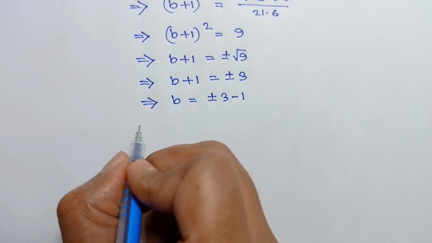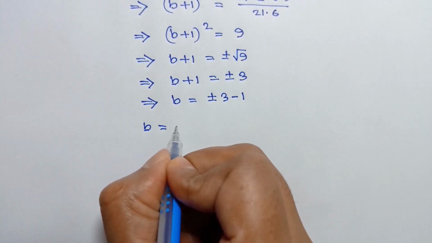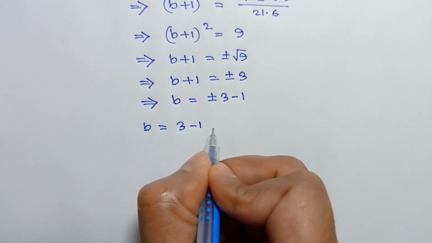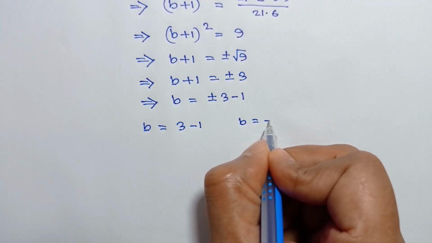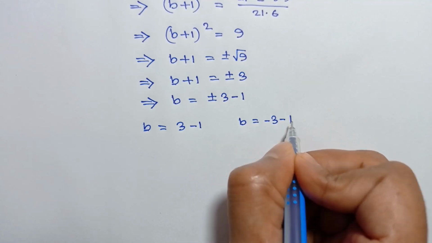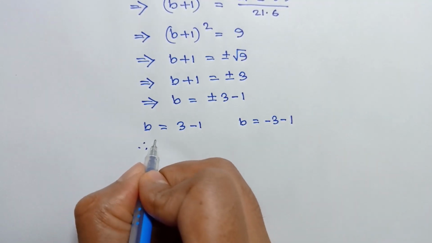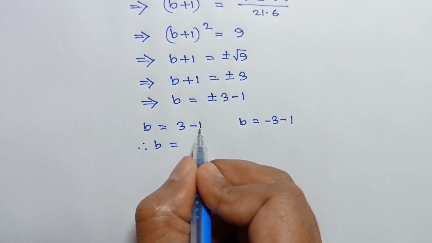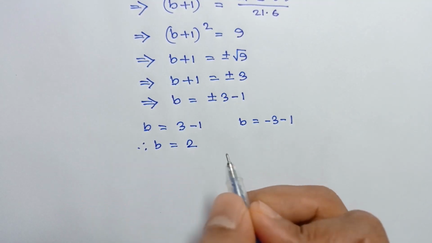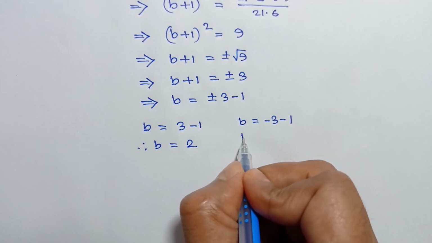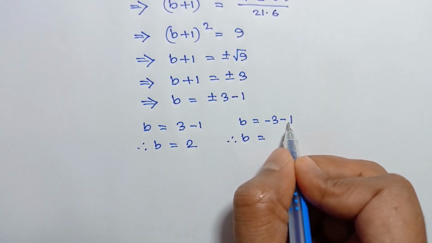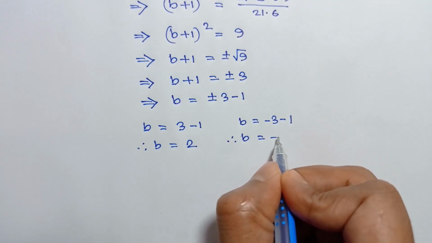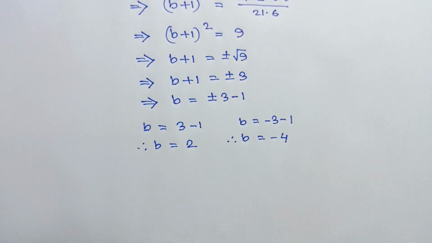Taking positive, we will have b = 3 - 1, and taking negative, we will have b = -3 - 1. So from here b = 3 - 1 is 2, and from here b = -3 - 1 is -4.